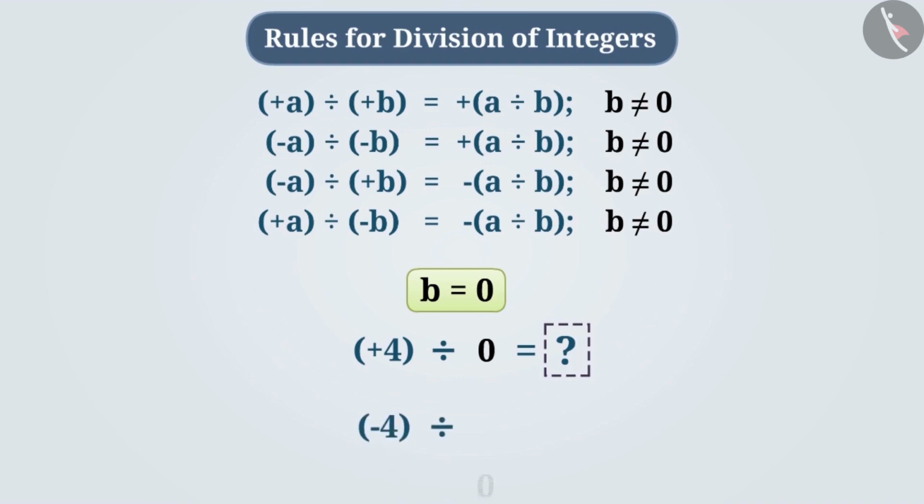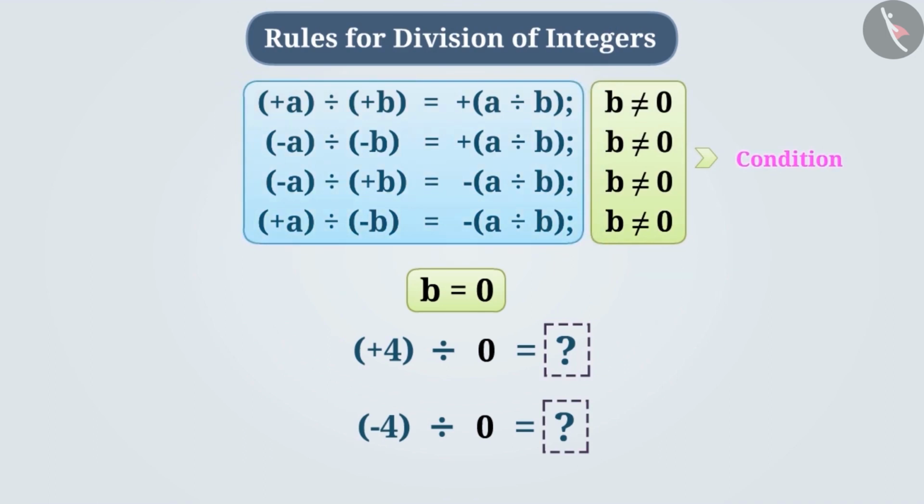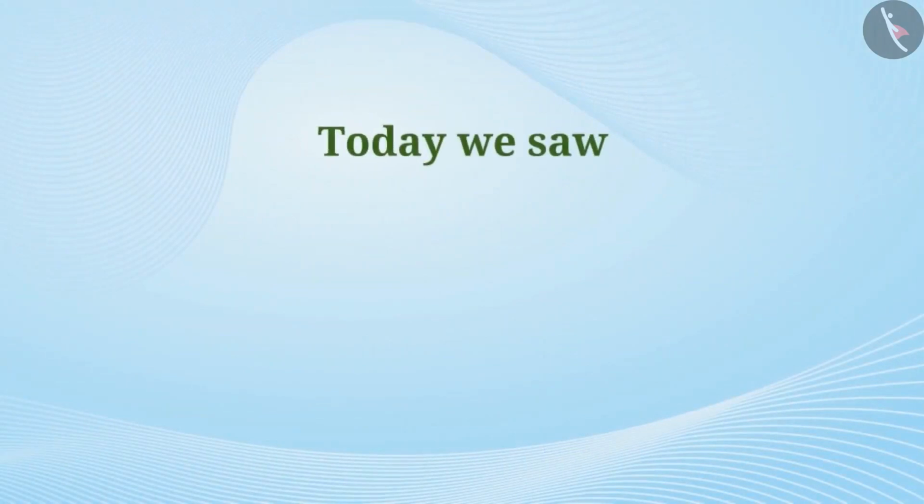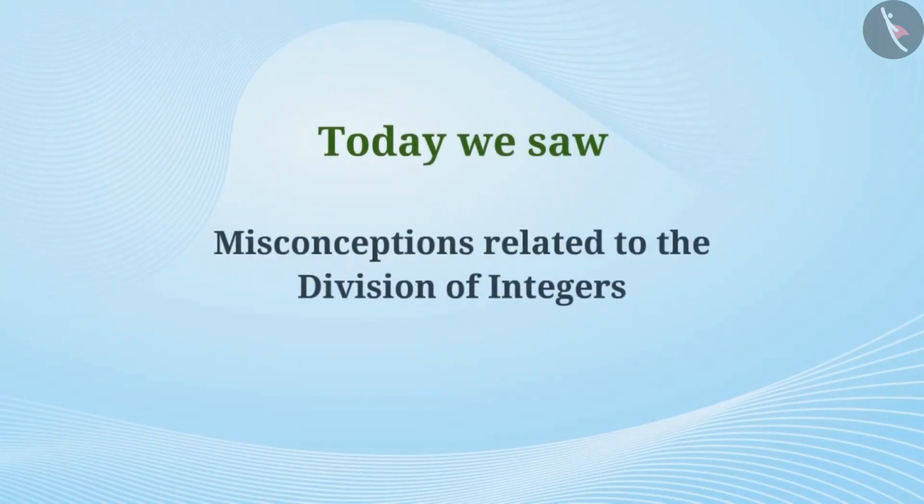Similarly, if we have to find the result of minus 4 divided by 0, it cannot be achieved. Therefore, b is not equal to 0 is a condition in the given rules. Whenever we mention a rule, we have to mention all the restrictions imposed on it. Today, in this video, we have seen certain misconceptions related to the division of integers.